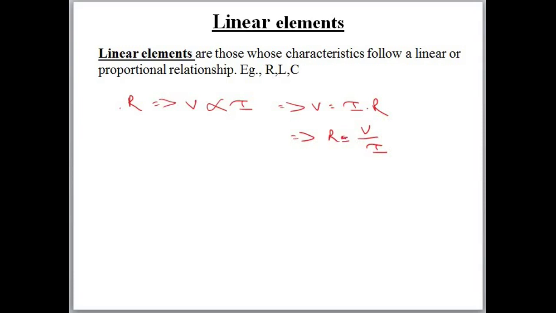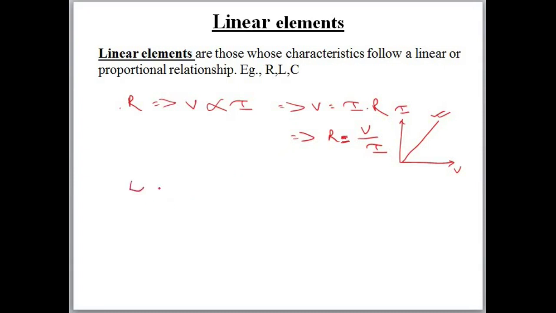So there is a linear relationship between V and I. The graph also comes like this: I will increase as V will increase. That is called a linear relationship. This is a resistive circuit.